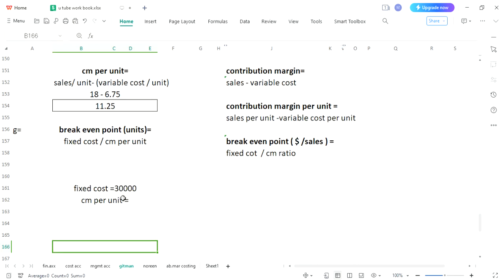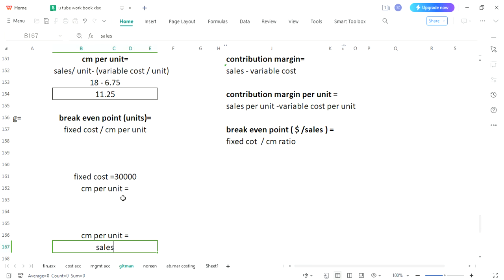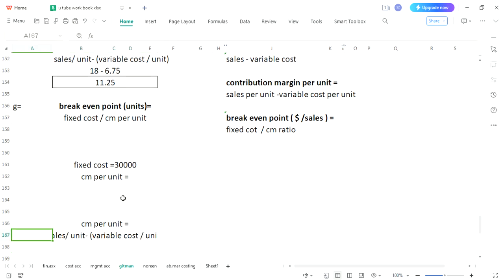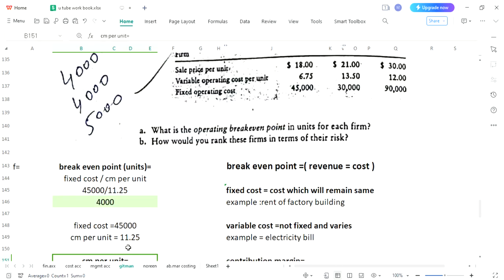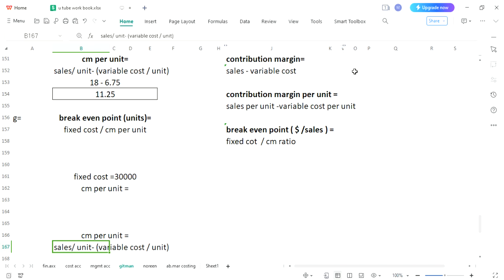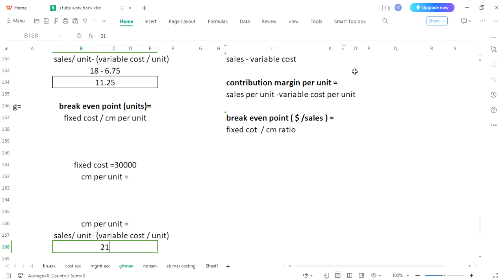And as we know, CM per unit would be calculated by taking sales per unit, and we will subtract variable cost per unit from sales per unit. The answer would be considered as your CM per unit. So let's go back to the question, and here for the second firm your sale price is 21. Let's put 21 over here. Then we will be following this formula.